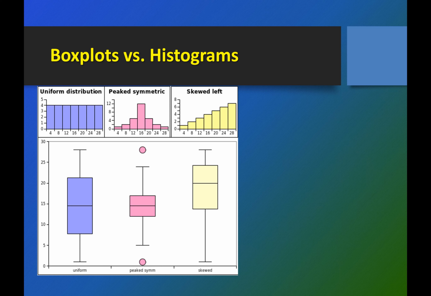So here you can see a good comparison of box plots versus histograms, where in this first display we have our uniform distribution, and a uniform distribution is going to show in a box and whisker plot because each of these segments, the first quartile, second, third, and fourth, are all going to be of the same general length.